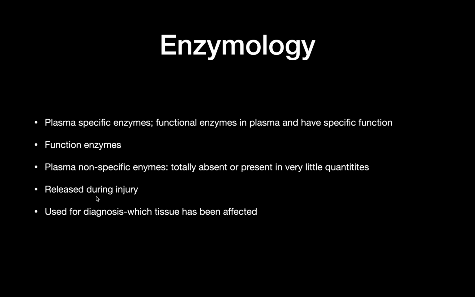The plasma non-specific enzymes are either totally absent or present in very little quantities. These are more like situational enzymes. They're released during injuries, so it is really useful knowing what the levels are, so you can know which tissue has been affected.